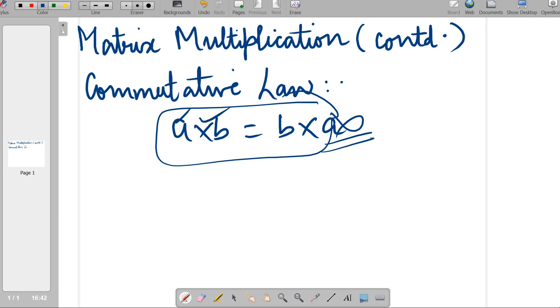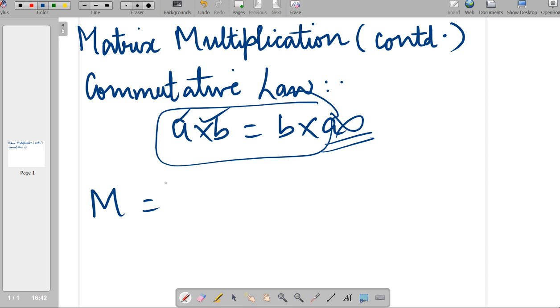So this thing we are going to check and see how the results are affected by changing the position of the matrices. If you refer to my previous video, I have taken two matrices in that. I am taking the same in this also.